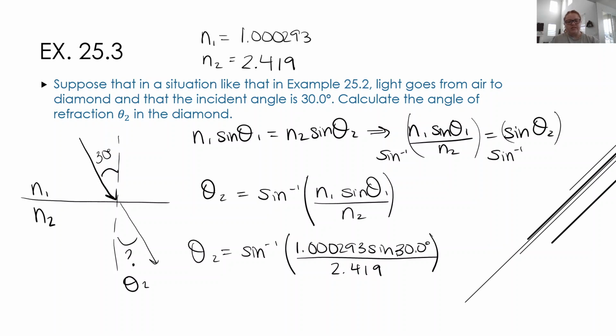Okay. Now we can put that into our calculator. So you can do it in a couple different ways. Make sure that you are in degree mode in your calculator because that's what we're looking for. So we can find this first and then take the sine inverse of it, or put all of this into our calculator at once. It's up to you.